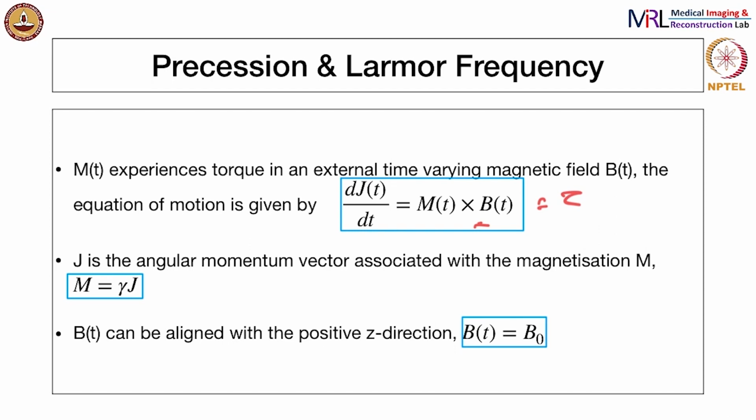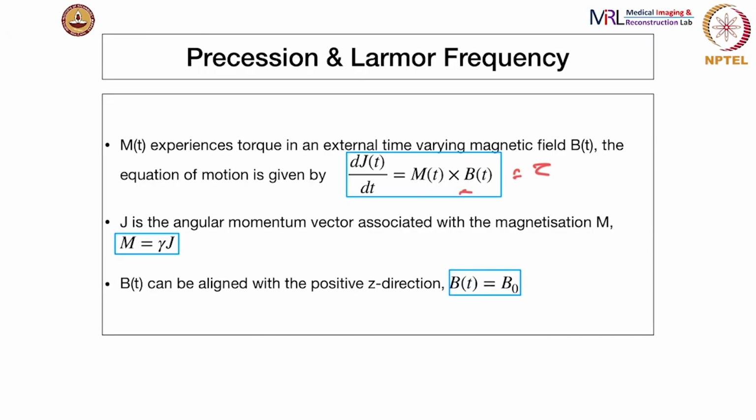The B0 field is typically applied along the Z axis, so that doesn't change. So we can say B is B0, and instead of J we substitute M. Why do we do this? Because what we want to do when we do MR imaging is map this M.